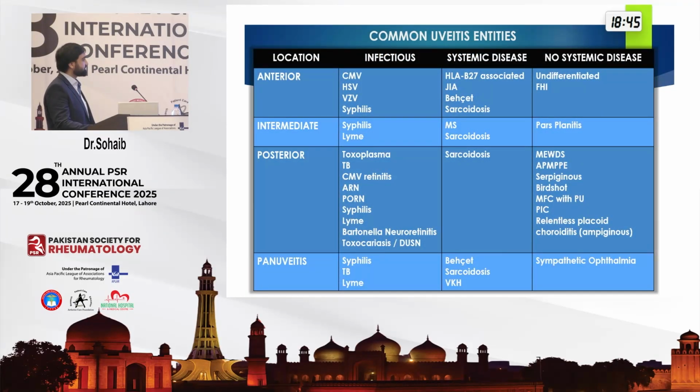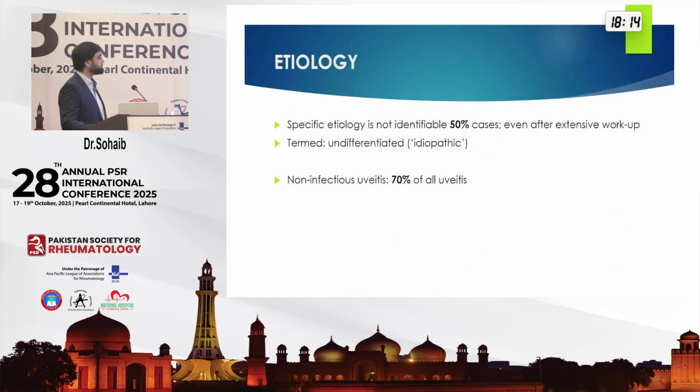Coming to the common uveitic entities, we have about 30 to 40 different uveitis entities, and we try to fit all the patients that we get into one of these categories, but many a time we don't get to categorize the patient correctly, and the patient is in the gray zone. Mostly we classify uveitis not according to cause, but according to the anatomical location that we find in the eye.